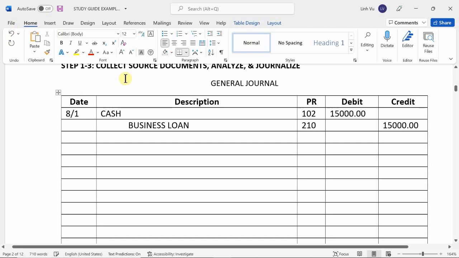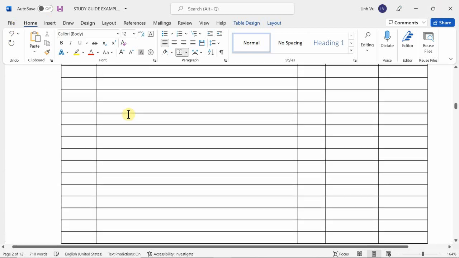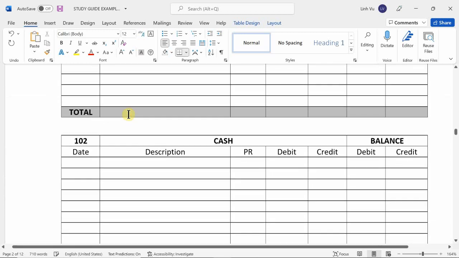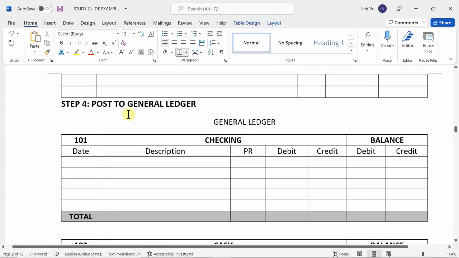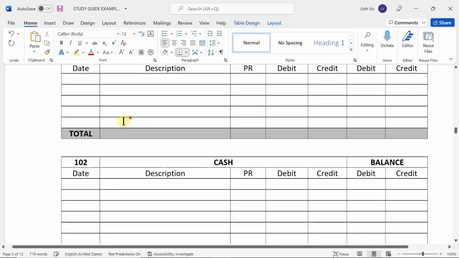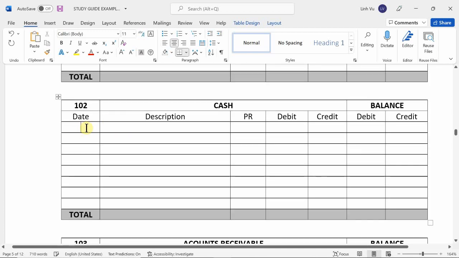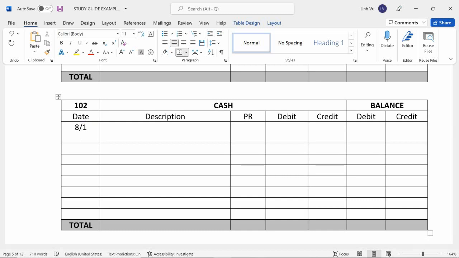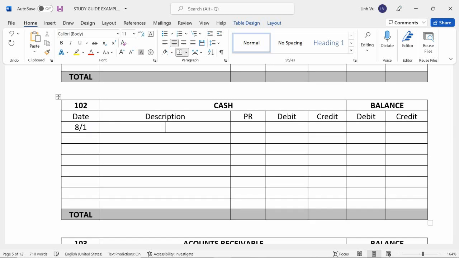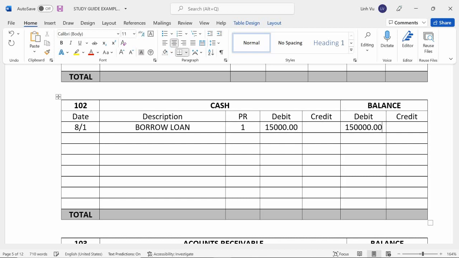Now, what I taught you is once you journalize something, you're going to post it immediately to your ledger. So in this case, step 4, post to the general ledger. I just got some cash. Oops, too many zeros.